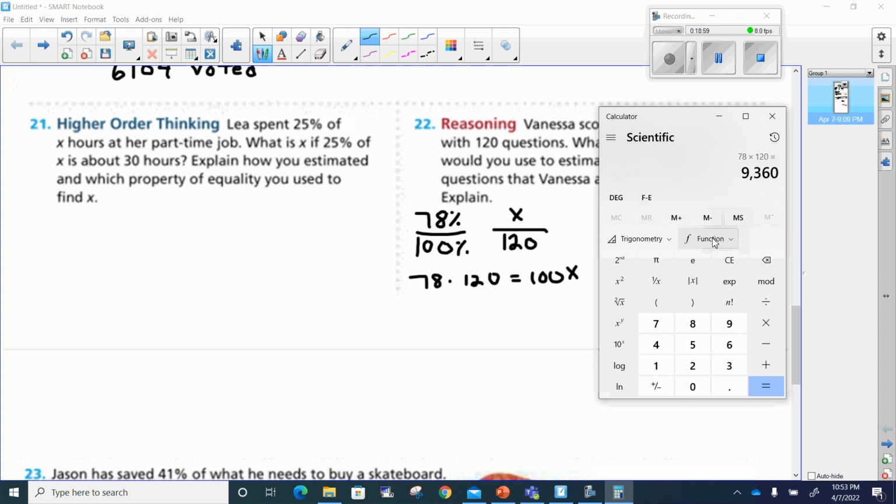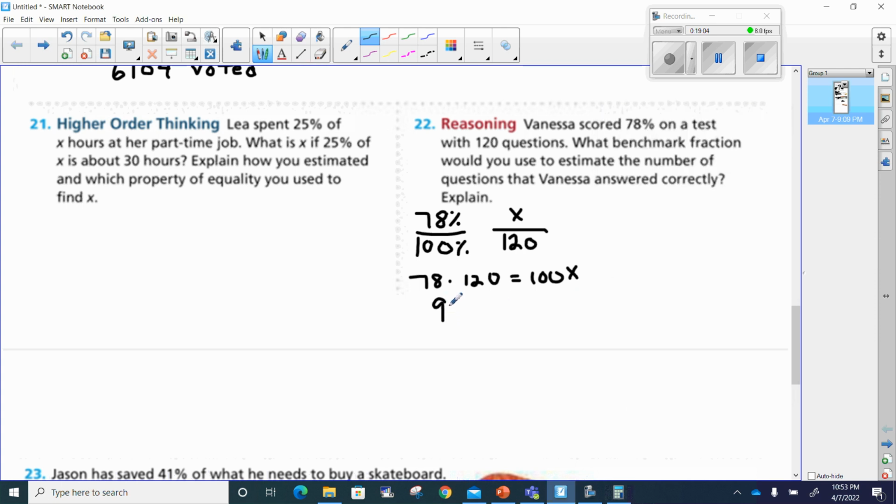That gives us 9,360, which equals 100x. When I divide by 100, I'm going to move my decimal over 2 spaces. That means 93.6 is equal to x.